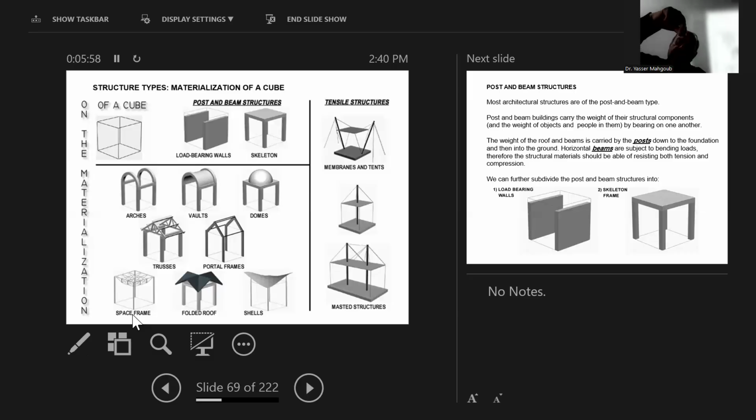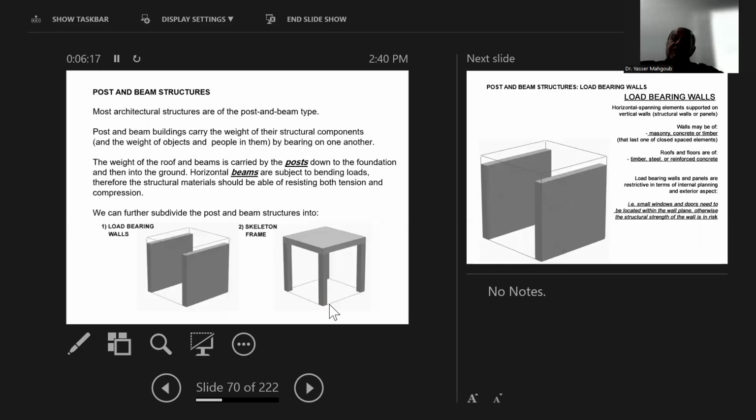No, I'm pulling it like this, and then I take it to the ground in a different place. So instead of carrying the load to the ground like this, no, it is a tensile structure that carries it from above. Now, this is very useful in stadiums and large areas that can be covered with tensile structure.